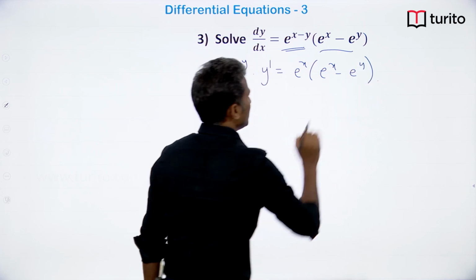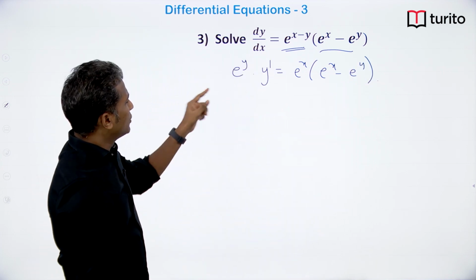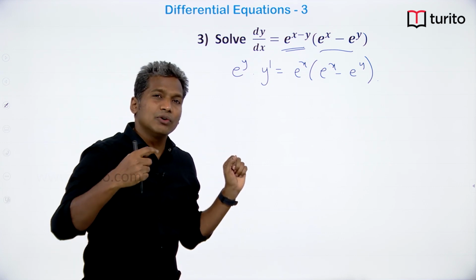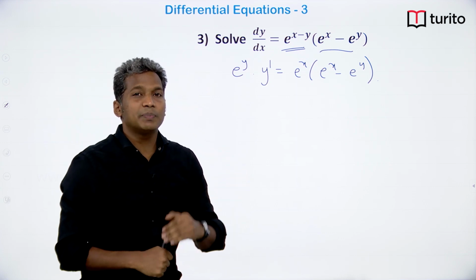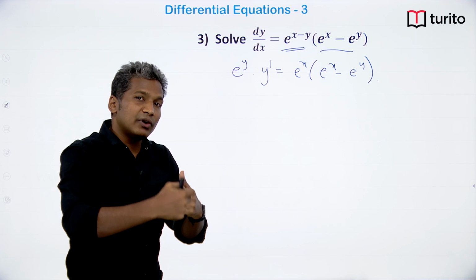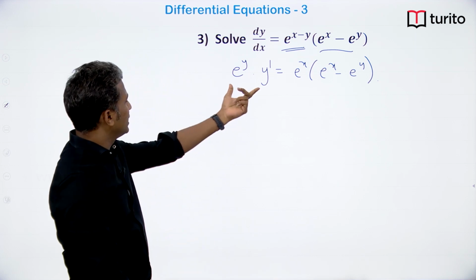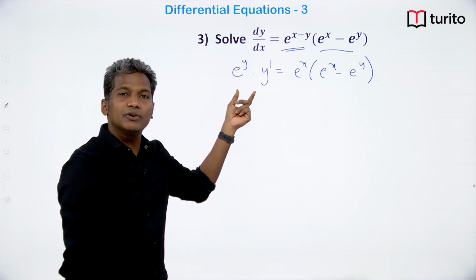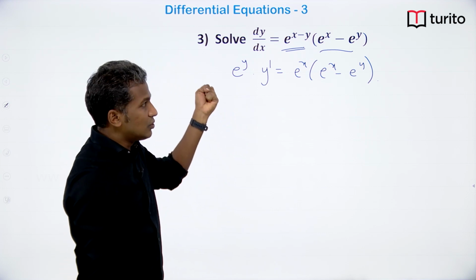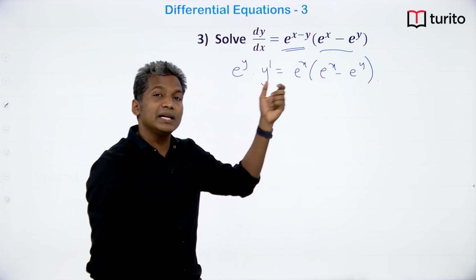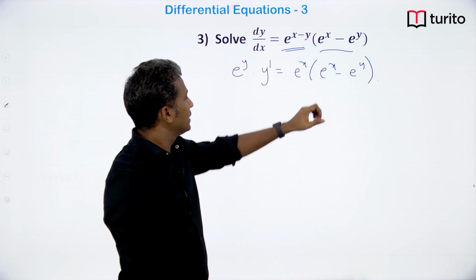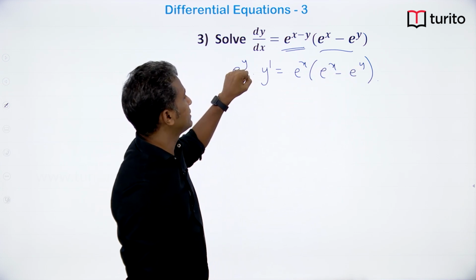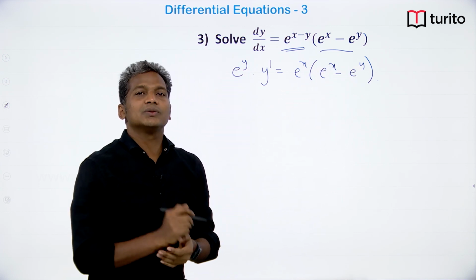Okay. Now here I notice that the derivative of e power y with respect to x is e power y into y dash. So here I see that the derivative of e power y is written. So now I am getting the idea that if I take e power y as some variable, this will become that variable and this will become its derivative. So that is my idea.